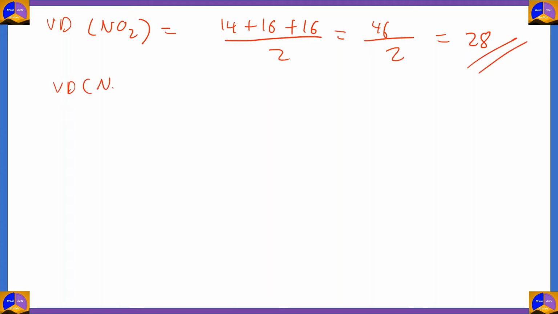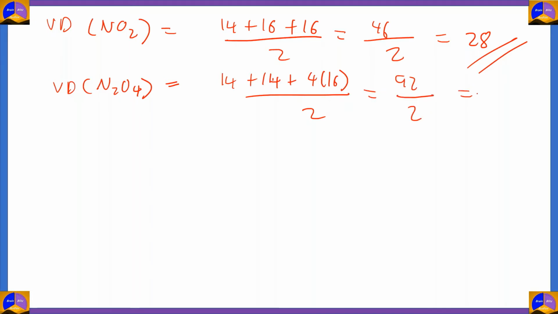And the vapor density of N2O4 will be equal to 14 plus 14 plus 4 times 16 divided by 2. Now that will be equal to 92 divided by 2, which will be equal to 46. So the vapor density of N2O4 is 46.